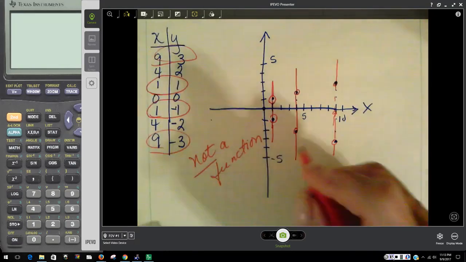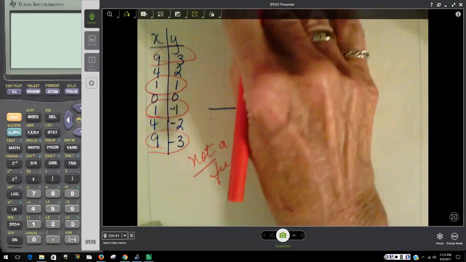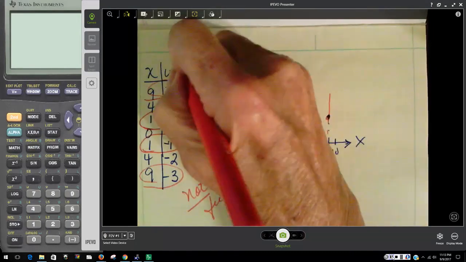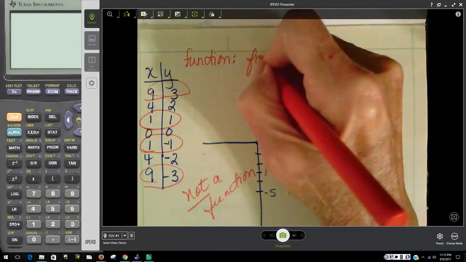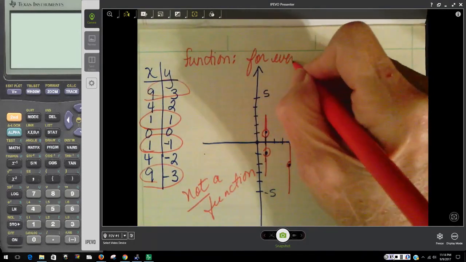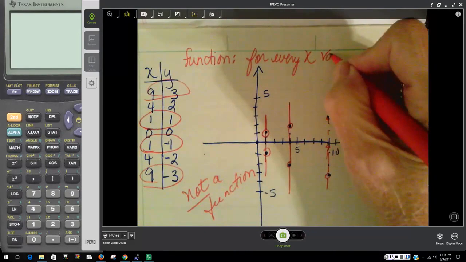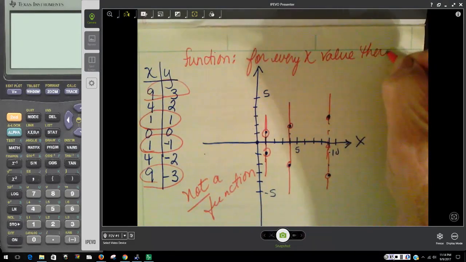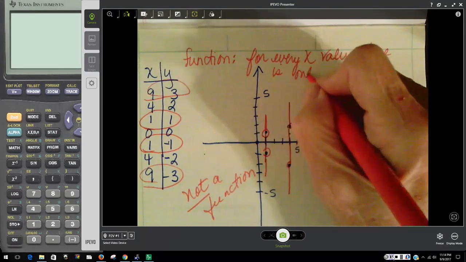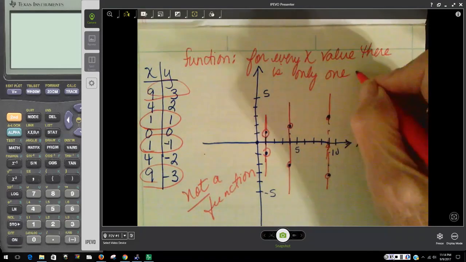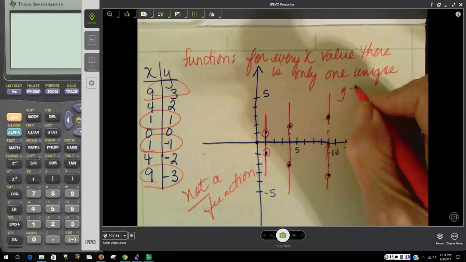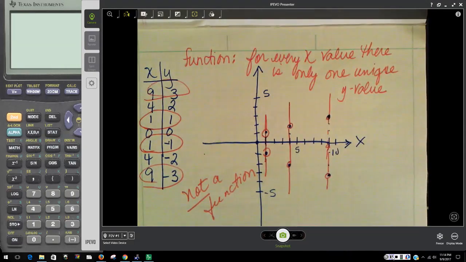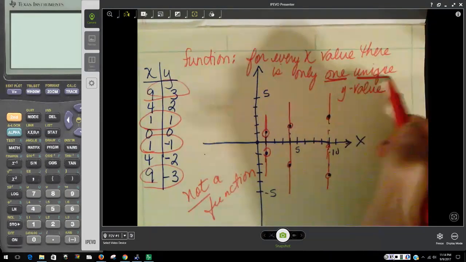The definition of a function says: for every x value, there is only one unique y value.